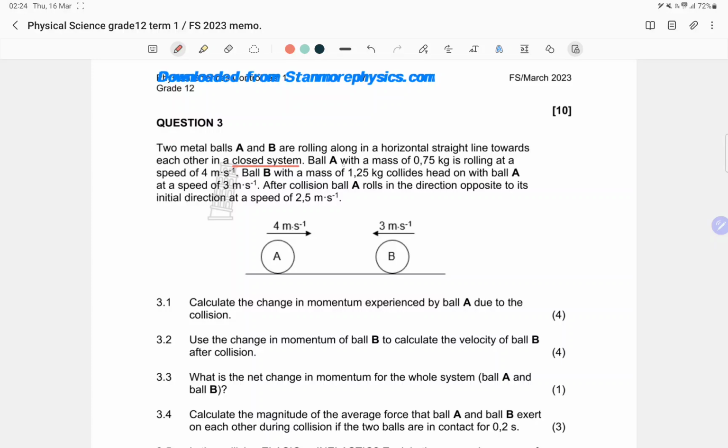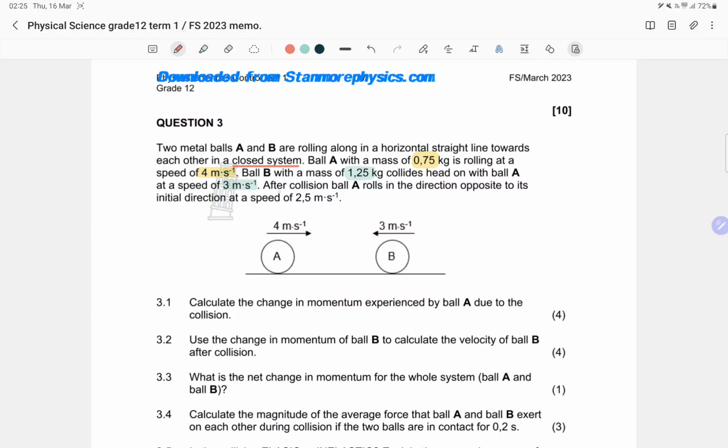Thank you. Now we're saying here ball A of mass 0.75 kg, rolling at a speed of 4 meters per second. Okay, not a problem. And then ball B of mass 1.25 collides head on with ball A at a speed of 3 meters per second.